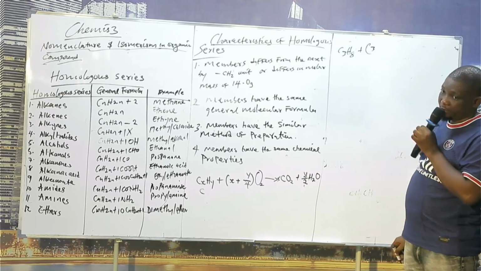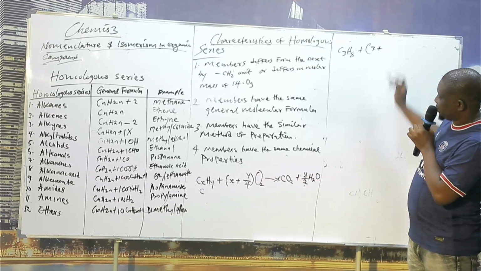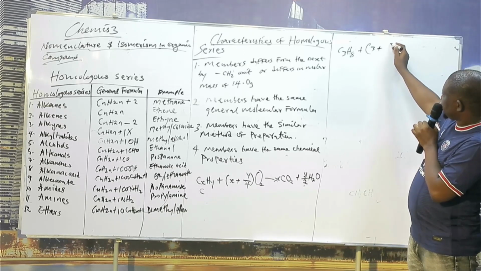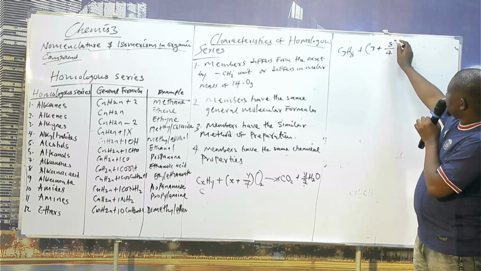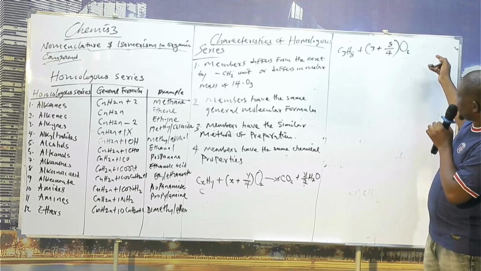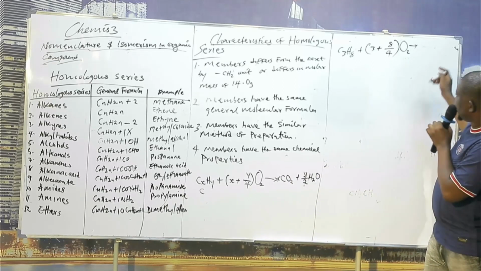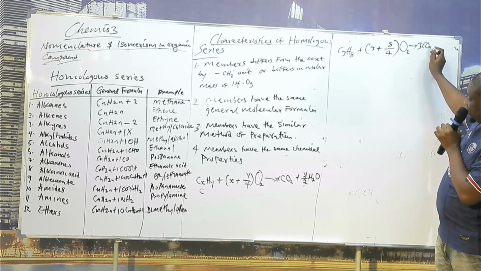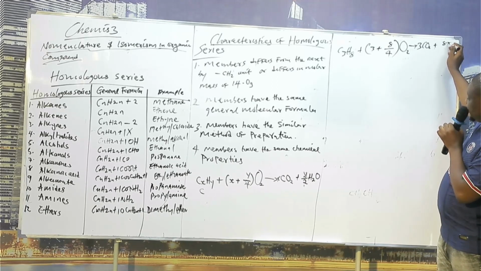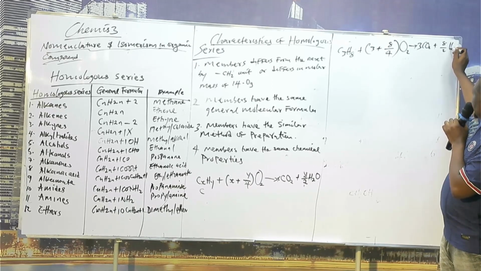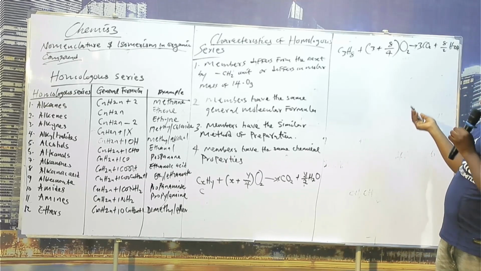I can have 3 here, that is X, plus Y, which is 8 over 4, in brackets, O2. X is 3CO2 plus Y, which is 8 over 2 H2O. You can evaluate it and get your answer.